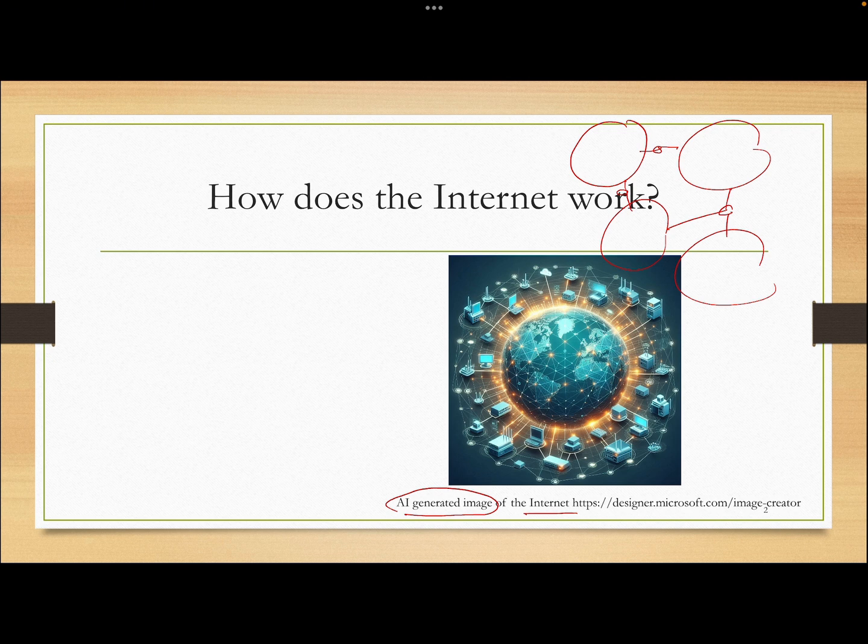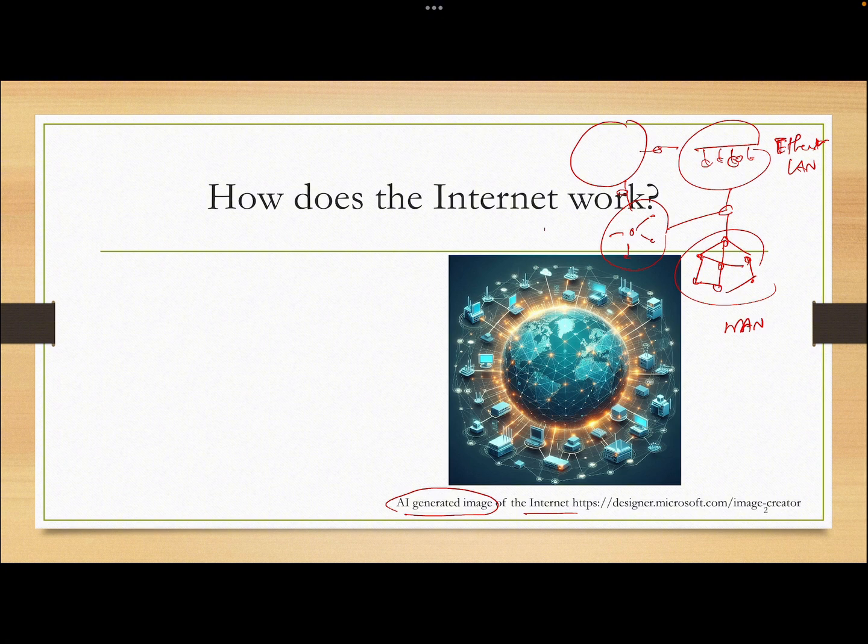And this may be a wide area network. Maybe this is a bus LAN. Maybe this is a star LAN. This is maybe Ethernet, Ethernet LAN.